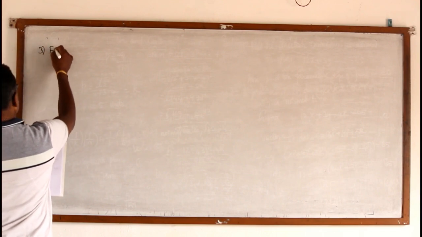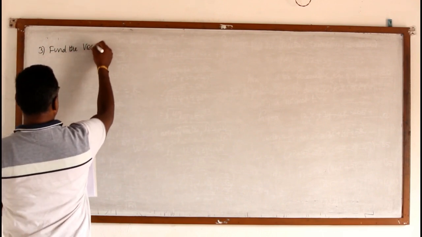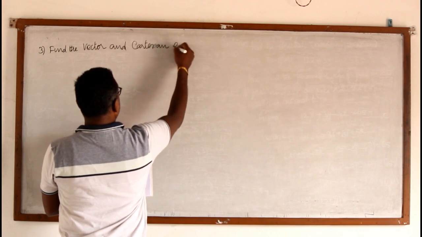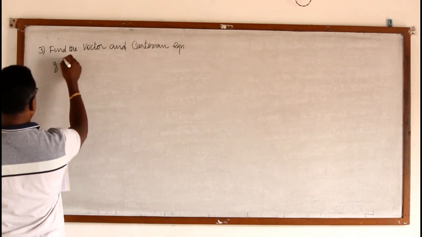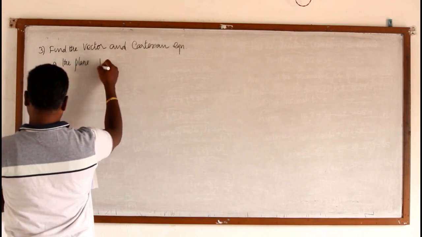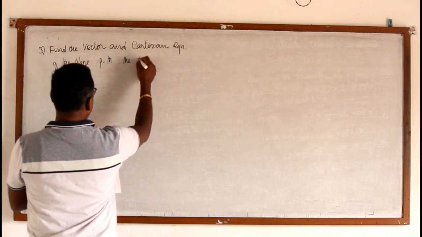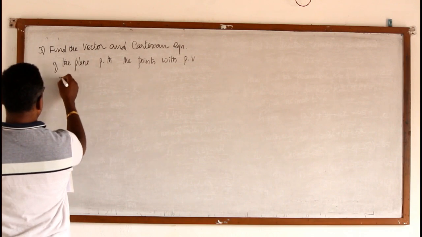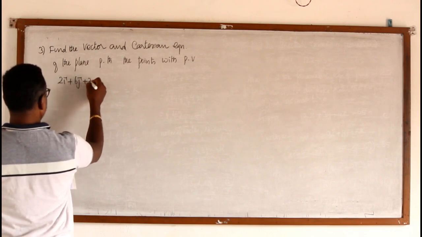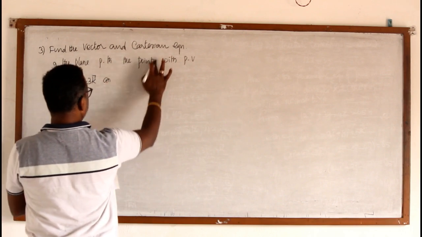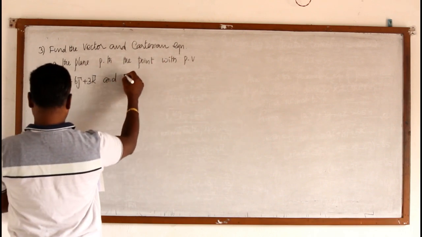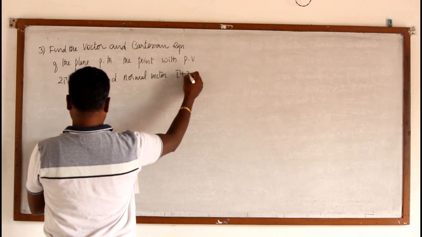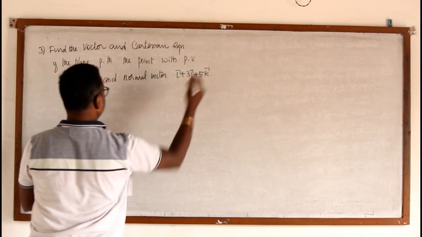Third problem. Find the vector and Cartesian equation of the plane passing through the point with position vector 2i + 6j + 3k and normal vector i + 3j + 5k.